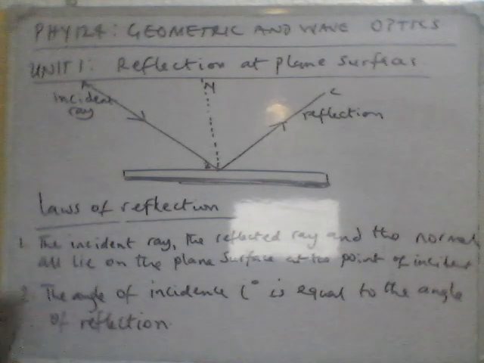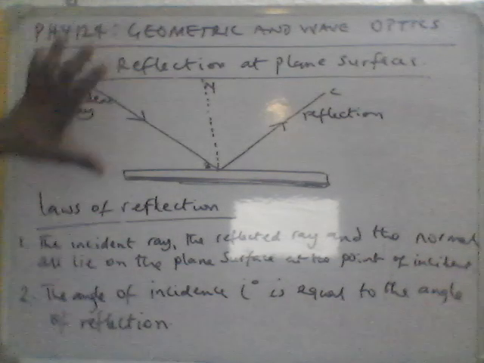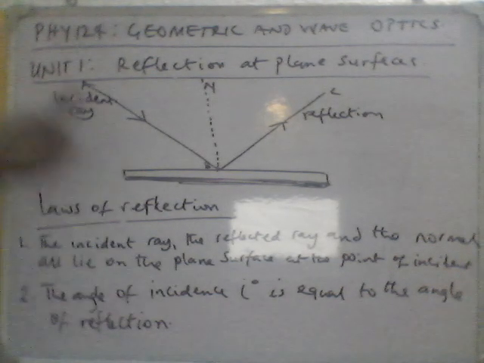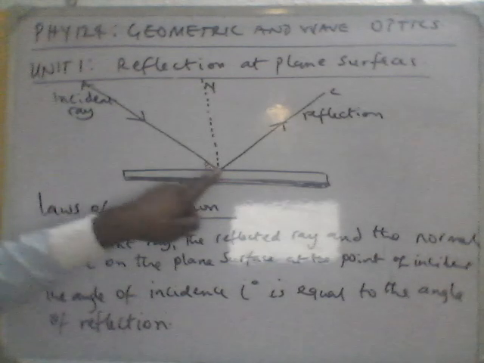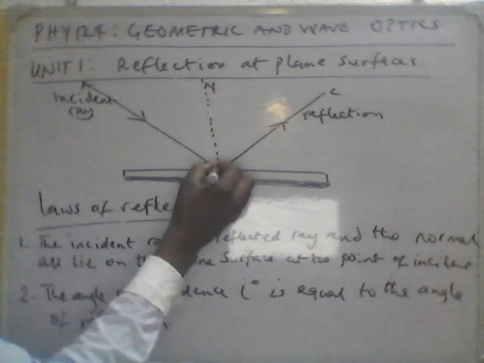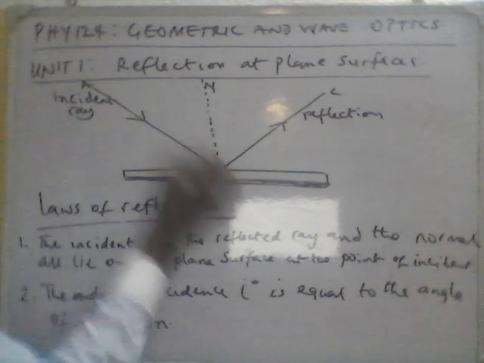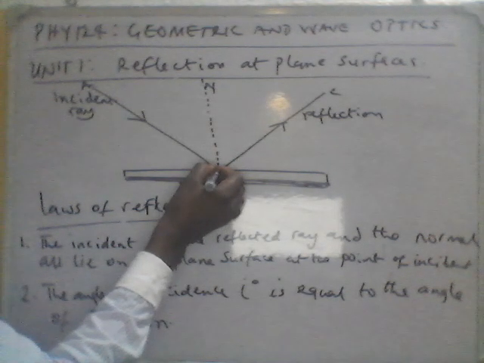Now these two laws, I can use this diagram here to describe them. The incident ray, the reflected ray, and the normal all lie on the plane surface at the point of incidence. So where they meet like this, understand?